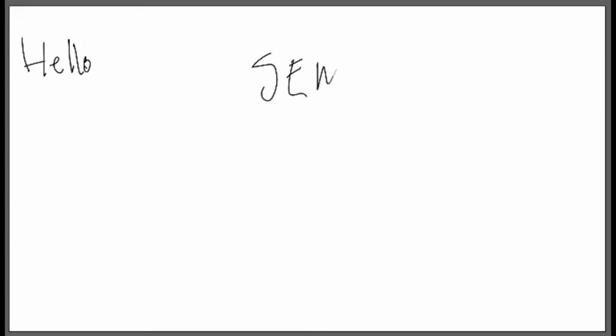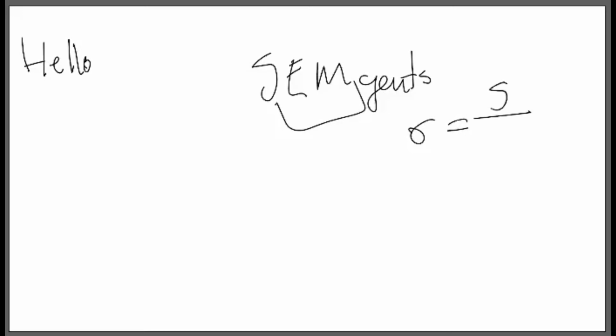SEMgent is kind of spelled like this. This just stands for standard error of the mean, and standard error is, oh, that's ugly. It's something over root n, and it's basically how far off your mean will be from the population mean.